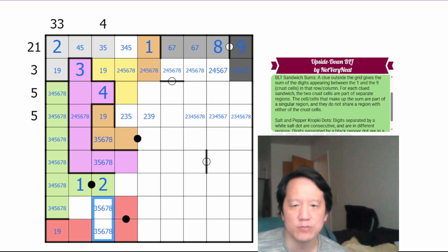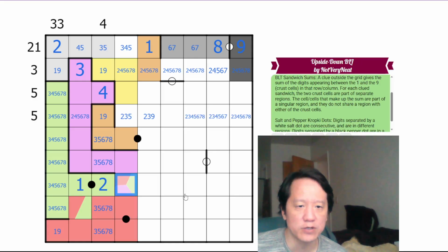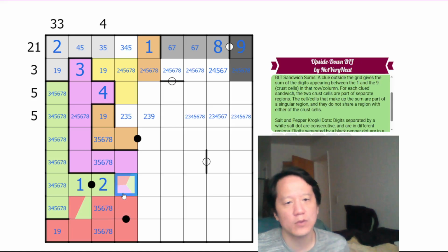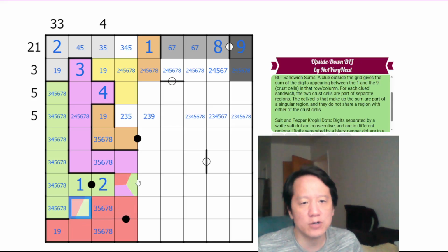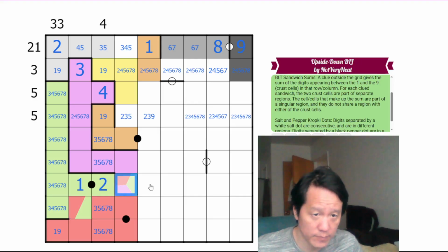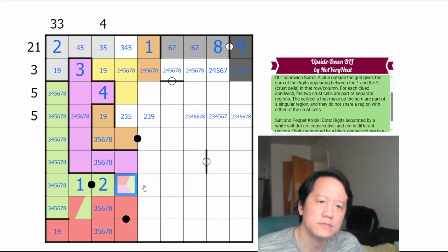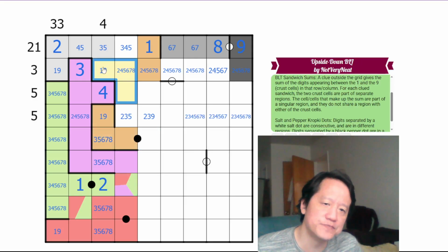Therefore, this must be red in all instances, because there's no other place for this. This can't go to any other region because it's blocked by red and green. And of course, green is only missing a 9. So this is red or green. This could be red, green, pink, or some other color. And one of these is a 9. This is not part of the yellow region.